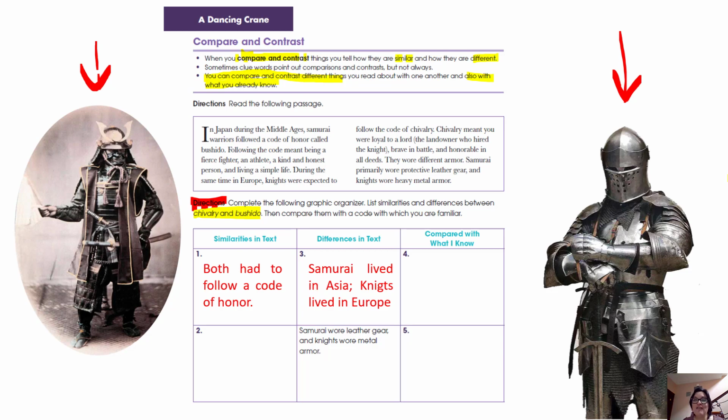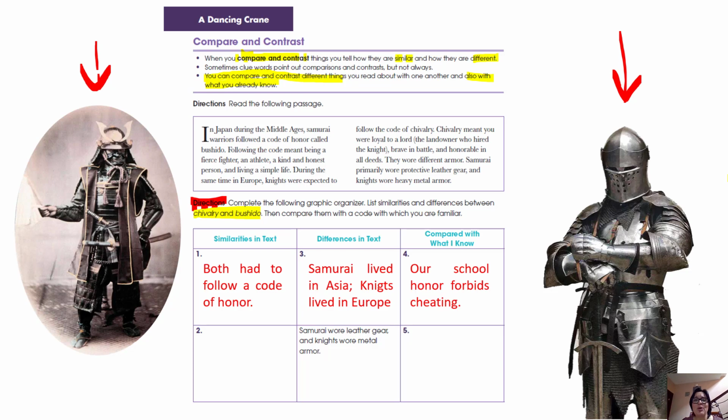Exactly, at school. For example, what do you know? You know that your school honor code forbids cheating. Forbids is not permitted, cheating or copying from the text of my classmate. That is a code of honor of the school. That means that you are a good student because you do not cheat, you do not copy from others.